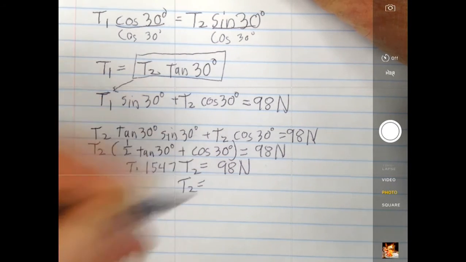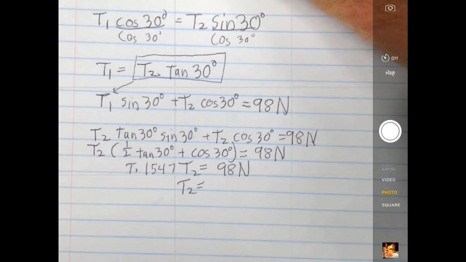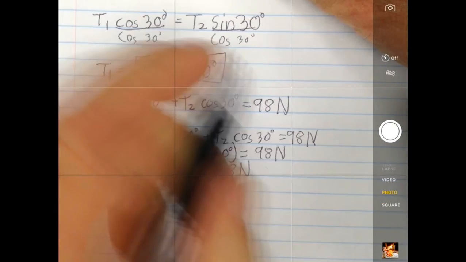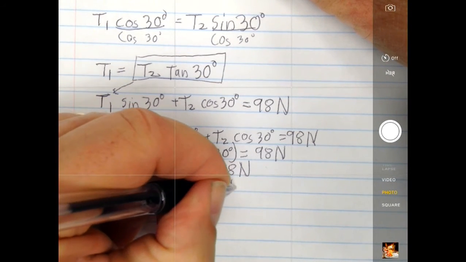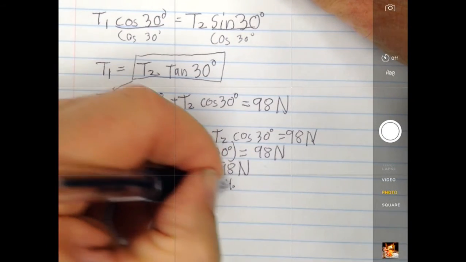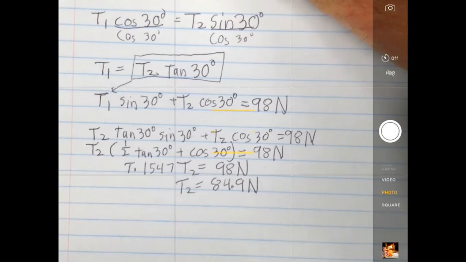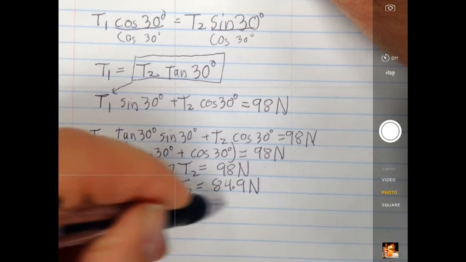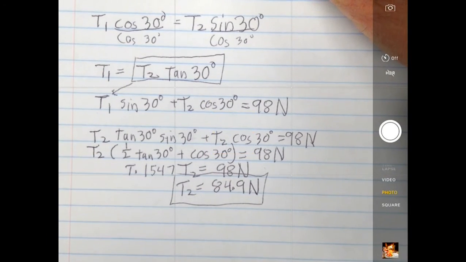Now, 98 divided by that means T2 is 84.9 newtons. That's the tension of the right rope.